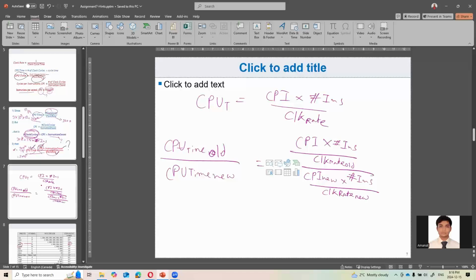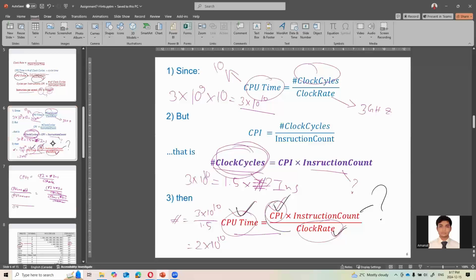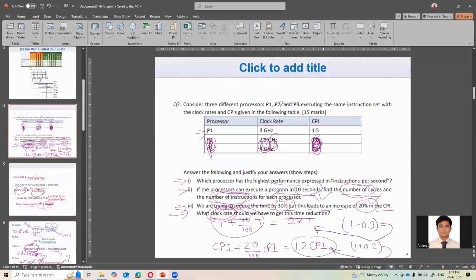Okay, so for the old time and the new time, we want a 30% reduction, as we have found, so the new time is 0.7 multiplied by the old time, and the new CPI is 1.2 multiplied by the old CPI. We can just put in these values.